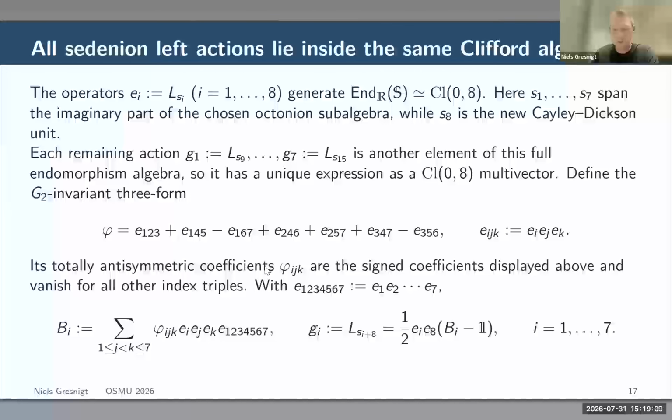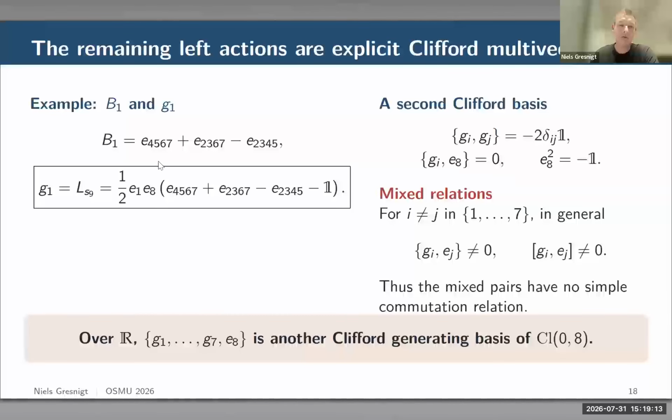So just to give one explicit example on the next slide, for example, B1 would be this 4-vector term, and then G1 would end up being this term here. And so we see that G1 to G7, which are the sedenion left actions of S9 to S15, are actually even elements in the algebra CL08.